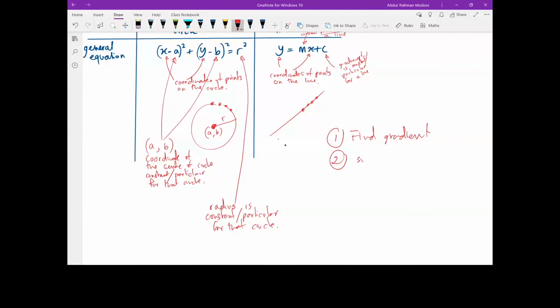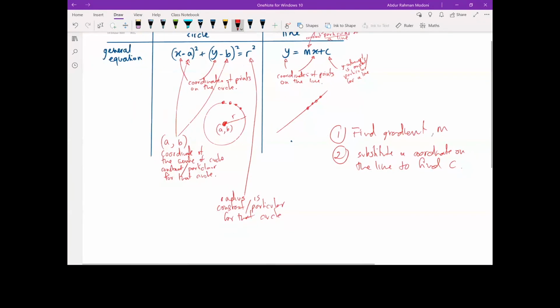So we substitute a coordinate on the line to find c. So we find m and then we find c. Done. You've got the equation of a line.